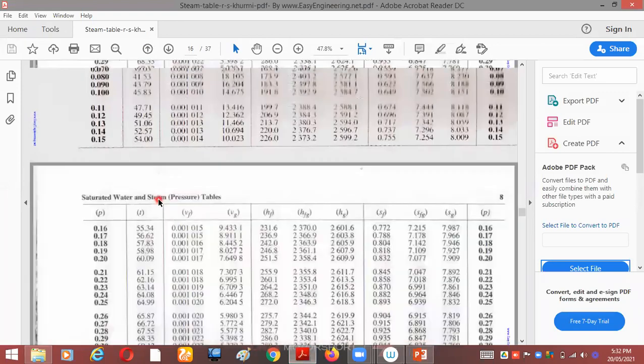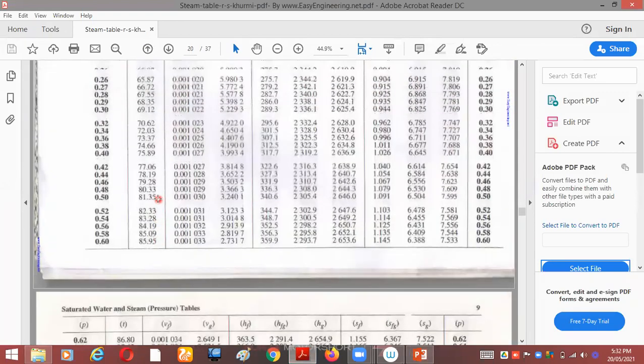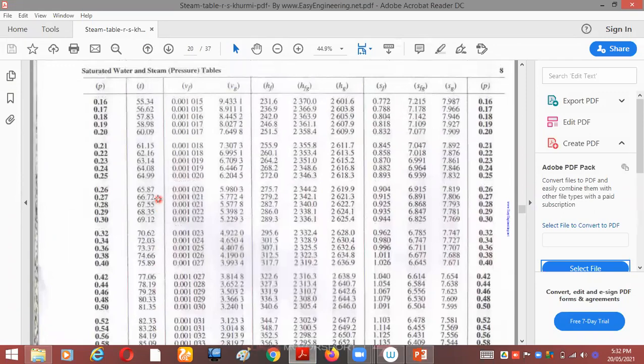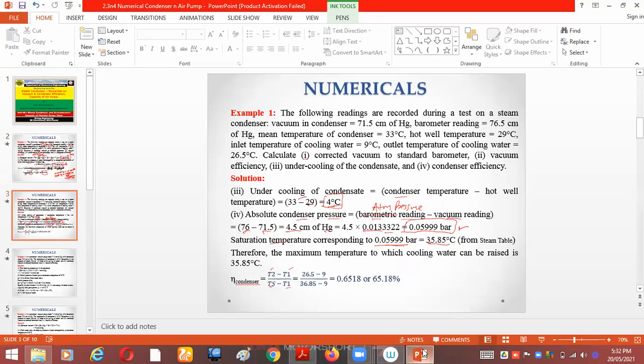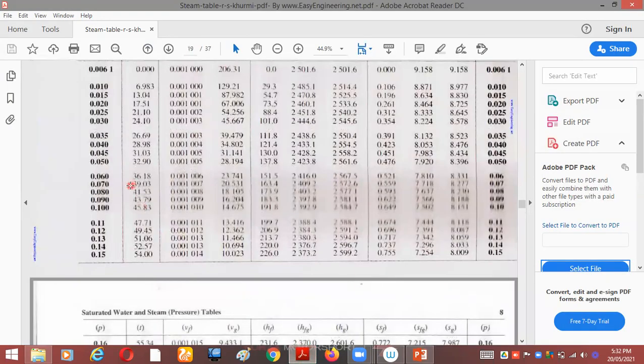So we have to use the pressure table. See here 0.05 and this is 0.06, so almost it is equal to 0.06. Here the value is 35.85.